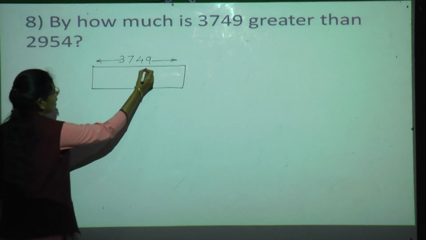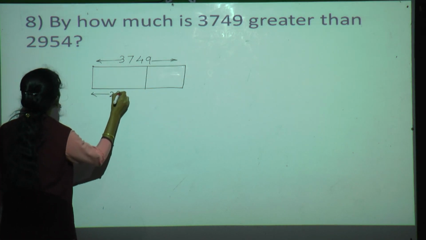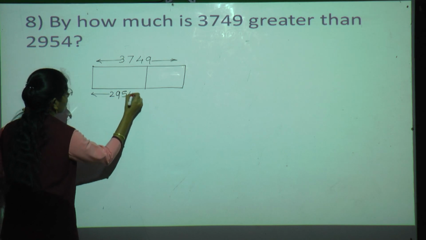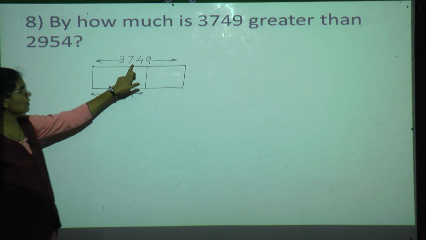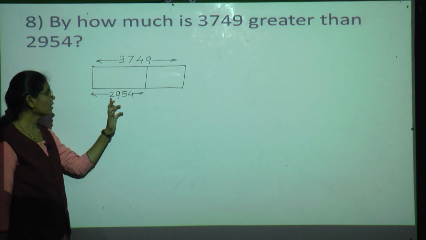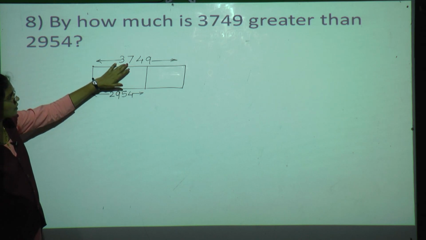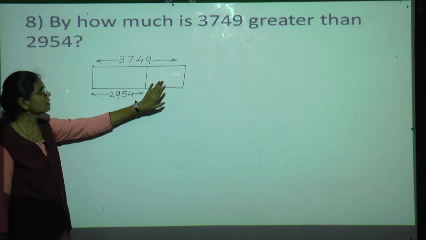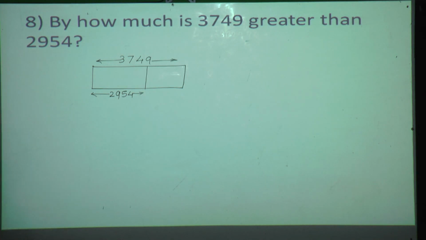Suppose the 2954 part is this part. 3749 is the greater number and this is the smaller number. If we subtract this number from 3749, then we will get the other number, and that is our answer.